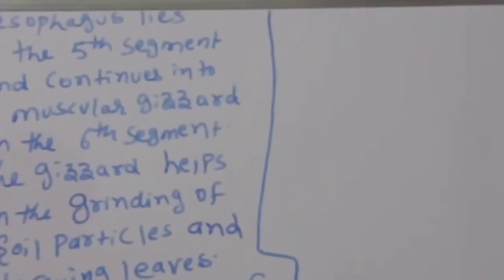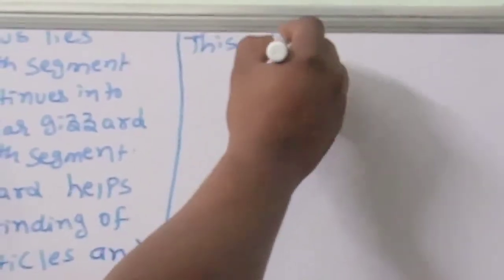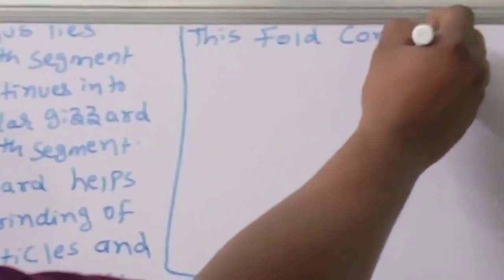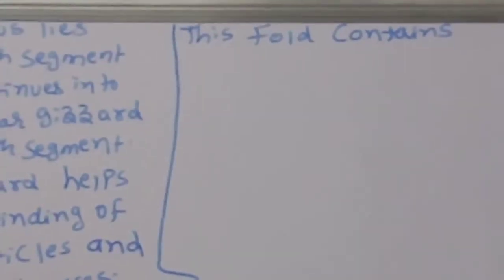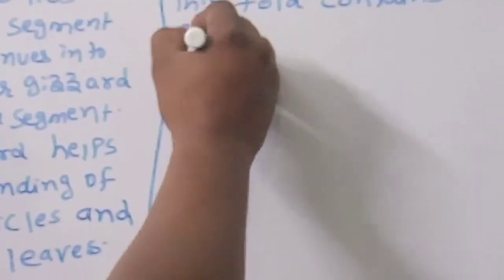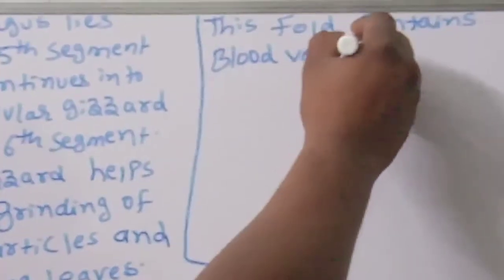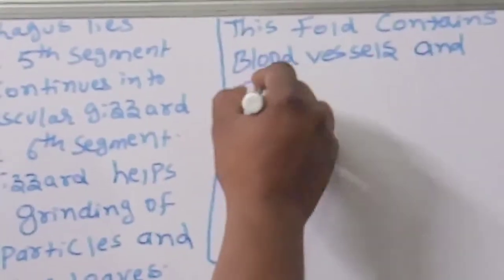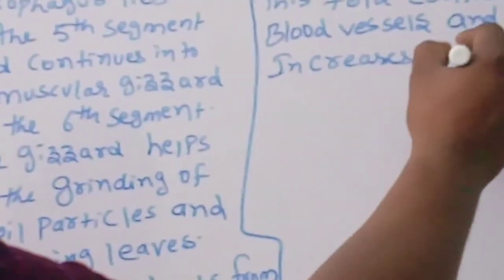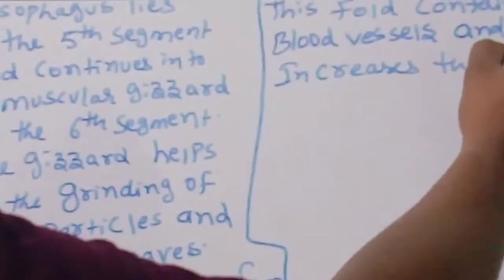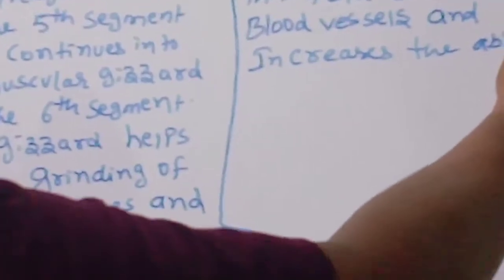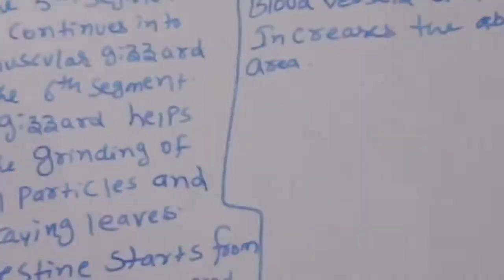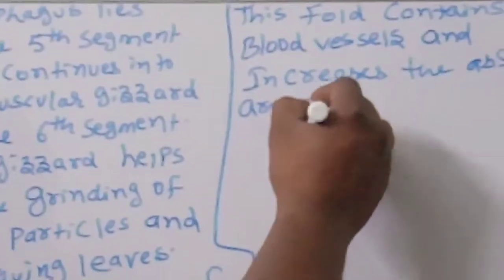This fold contains blood vessels and increases the absorptive area of the intestine.